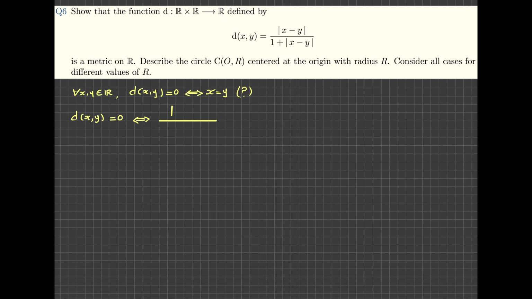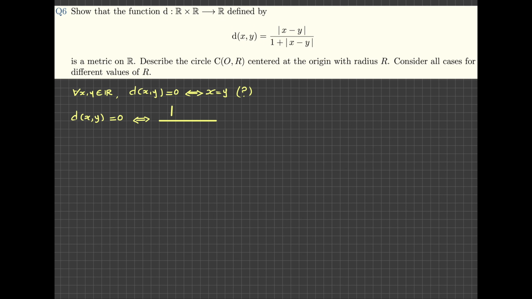But this is a fraction. This fraction is equal to 0 if and only if its numerator is equal to 0 and its denominator is not equal to 0. But it is guaranteed that the denominator is not equal to 0 because the absolute value is non-negative, and when I add 1 to it, it becomes strictly positive.